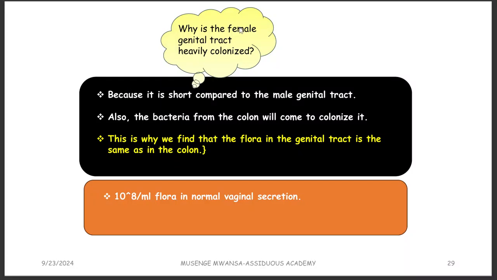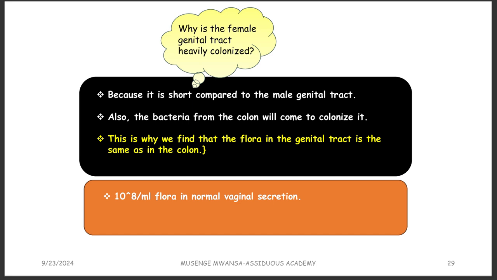Now, why is the female genital tract heavily colonized? Because it is short compared to the male, and the bacteria from the colon can easily come from the anus to the vagina. Okay, and that's a problem, because from there the vagina is just down, the urethra is on top.